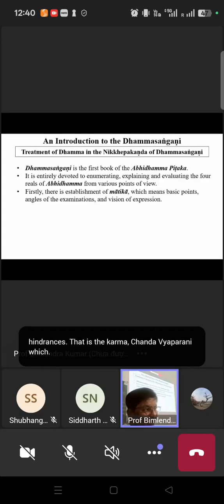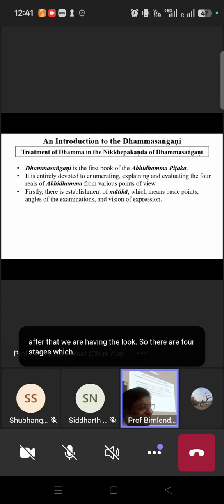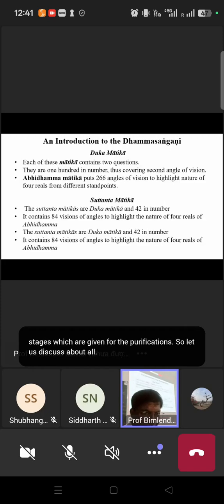Then we have the Arupa Samadhi, and after that the Lokuttara. So there are four stages given for purification. Let us discuss all these things.